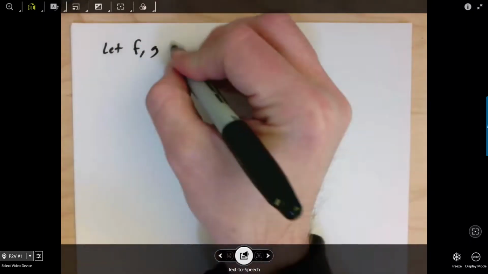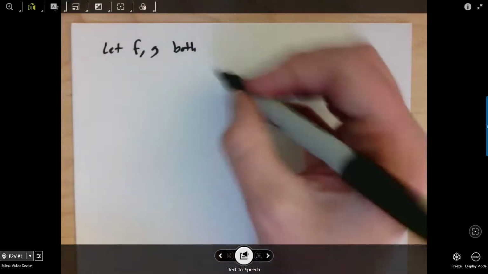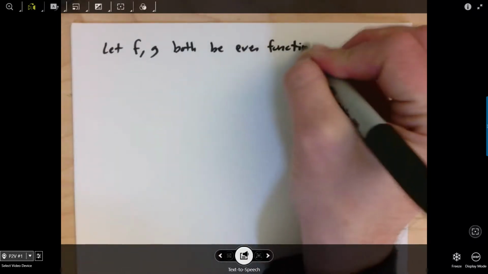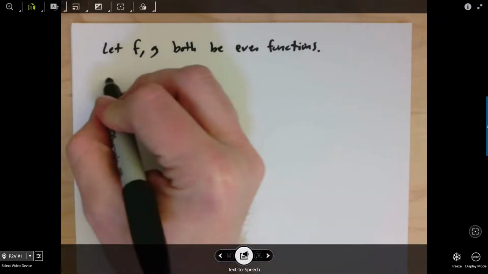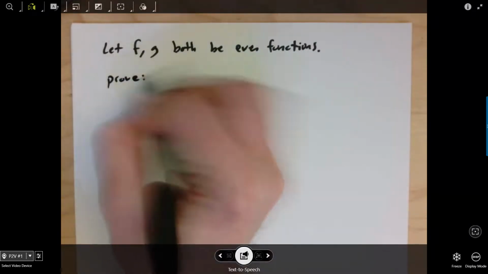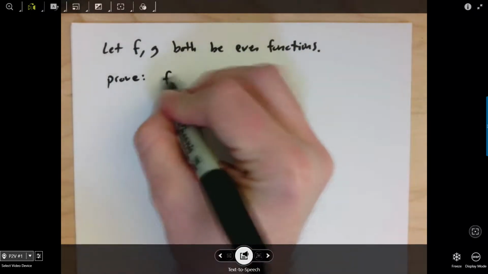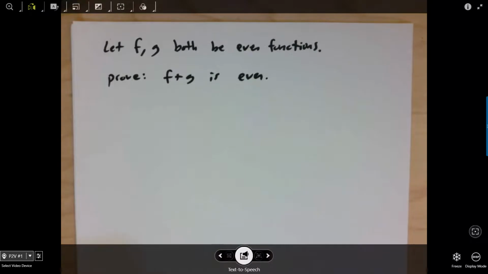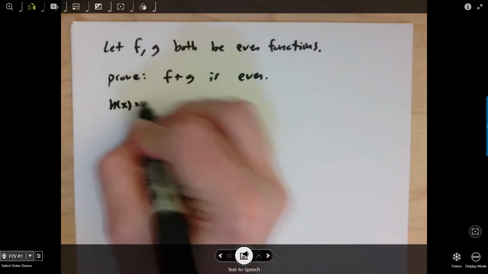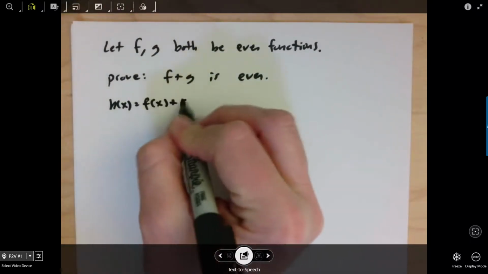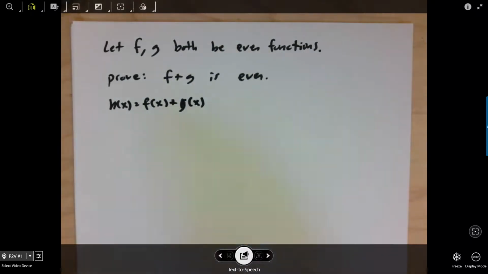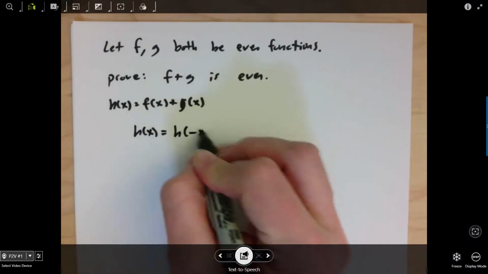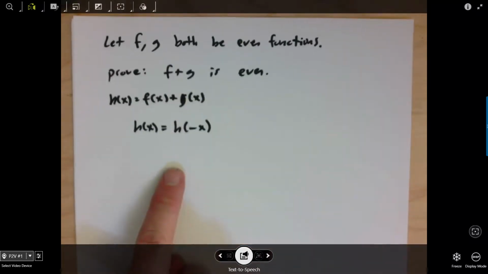Let f and g both be even functions. The question is, is f plus g even? So prove f plus g is even. We could define a new function h, that's the sum of our two even functions. And so the question is, is it true that h satisfies the test for being even?